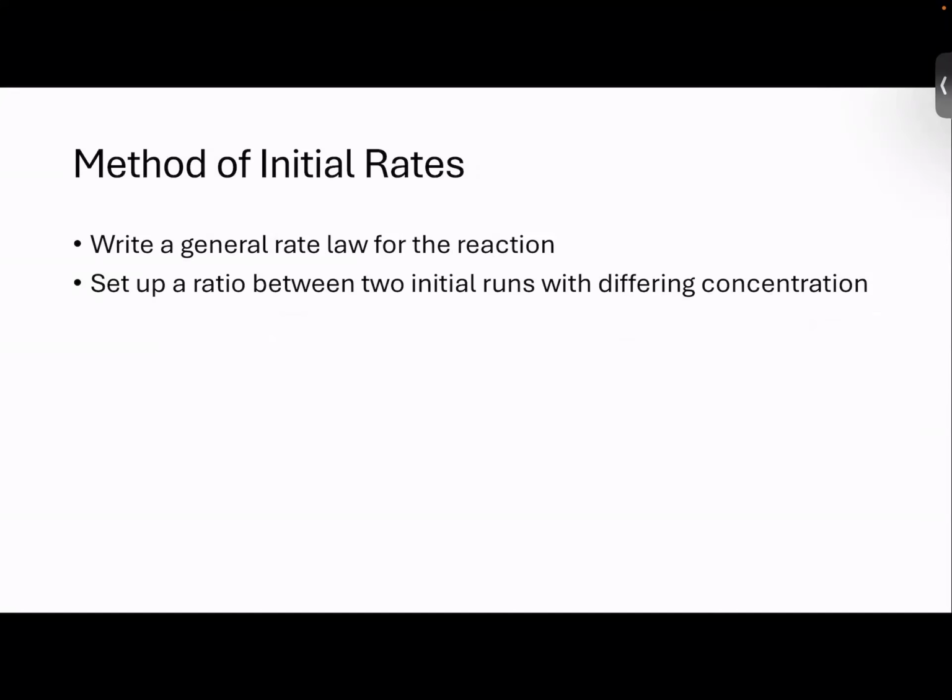When we do this method of initial rates, the first thing you're going to see me do is write the general rate law for the reaction using generic orders of M and N. The second thing we're going to do is set up a ratio of the general rate law for the first reaction versus the general rate law for the second reaction. We're then going to solve.